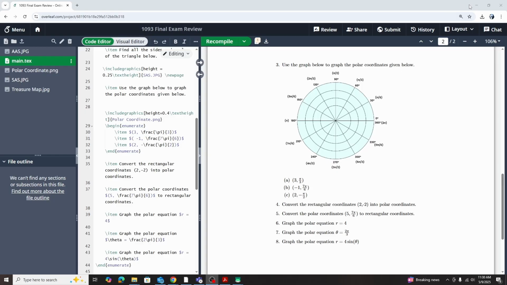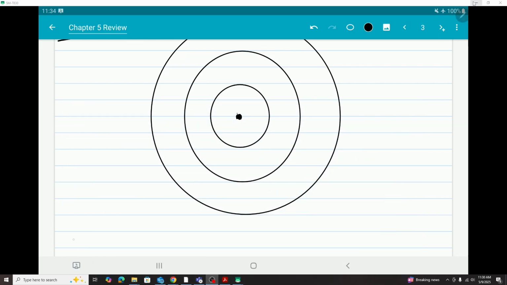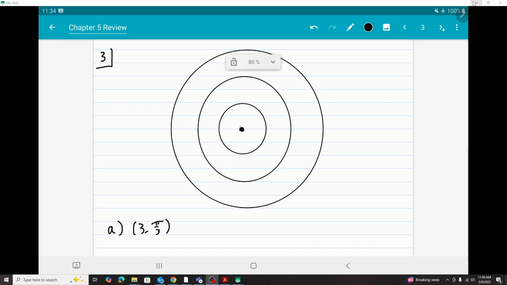So we want to graph 3 comma pi over 3. So A is 3 comma pi over 3. And now remember, with polar coordinates, the way that they work is we have our polar axis.